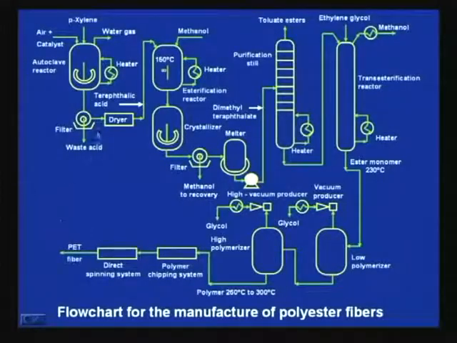So, here this terephthalic acid is manufactured and after it is dried, it is converted to DMT, dimethyl terephthalate, where this terephthalic acid is fed to this reactor, methanol is added and the temperature is maintained at 150 degrees like that, DMT is made.